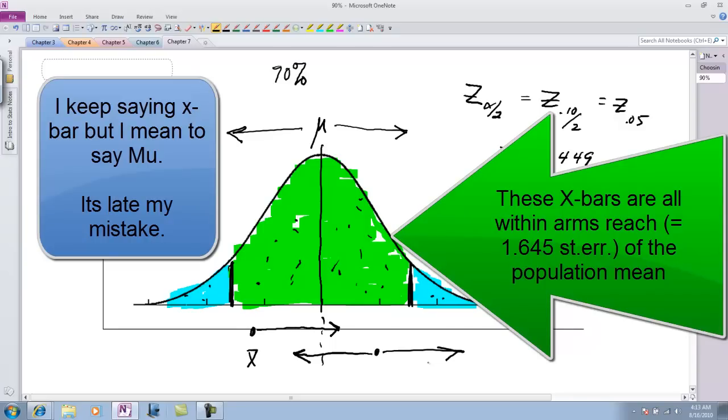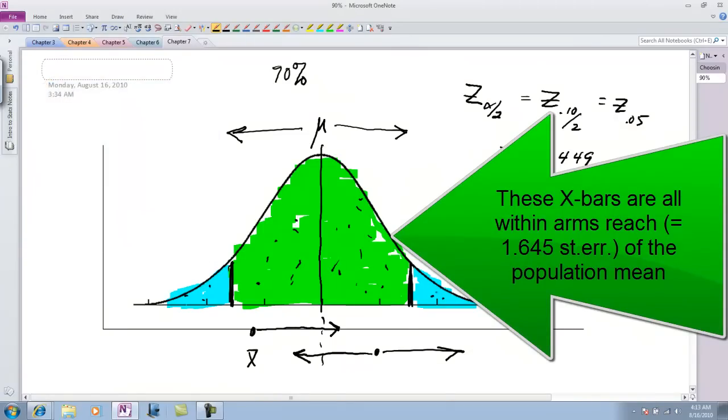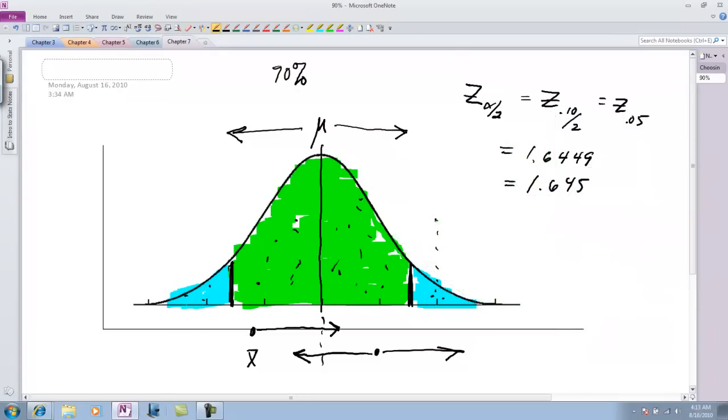Yes, I have an arm going in the other direction, but I still touch X bar. The only place I do not touch X bar is if I'm out here and I put that arrow on there, same length arrow, it doesn't reach. Okay? But that only happens 10% of the time. For a randomly sampled sample mean, that's kind of rare.